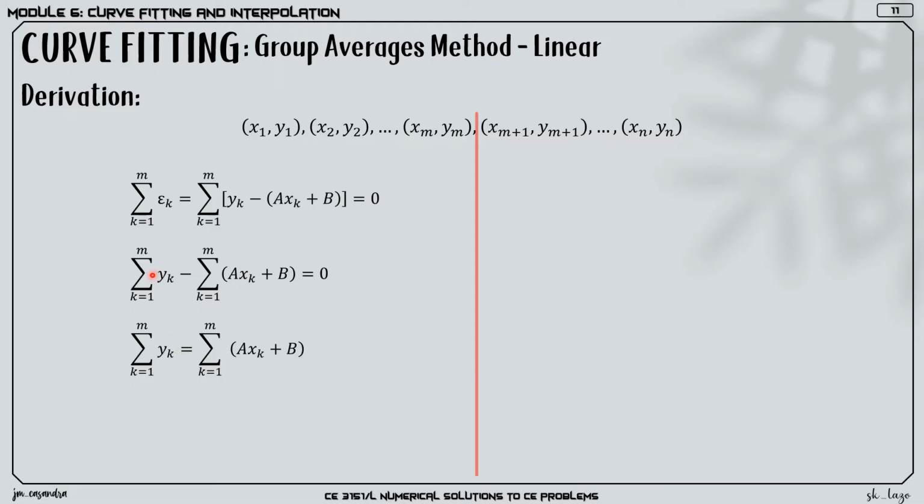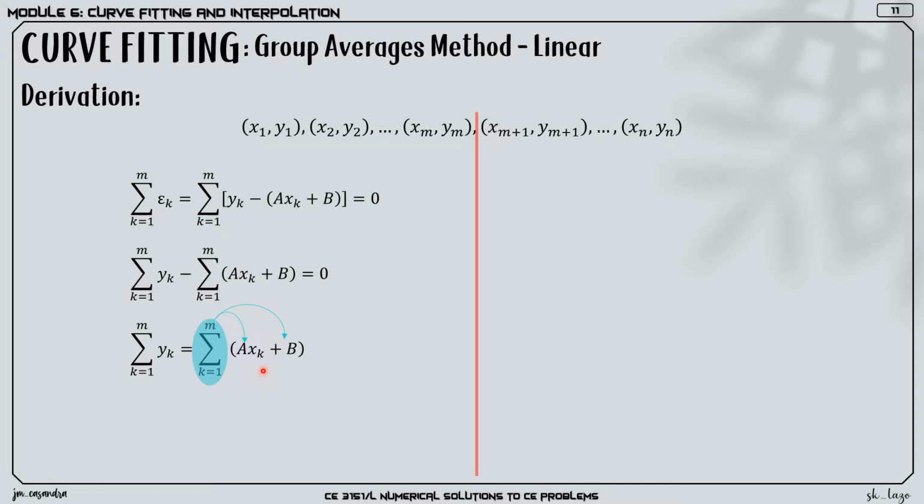So with that, we could equate now the summation of y sub k to the summation of a x sub k plus b. Again, the summation sign can be distributed to the terms a x sub k and b.